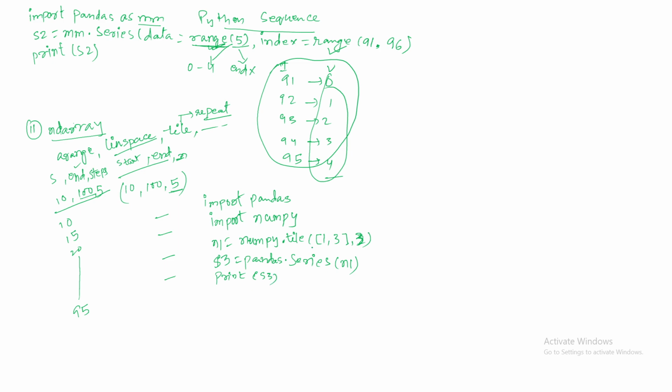Then what happens? In the n1 place, this value will come, and this is the list. Tile means repeating the series, so 3 times, 1, 3, 1, 3, 1, 3. I am not giving any index, so it will take a positional index. So 0, 1, 2, 3, 4, 5.